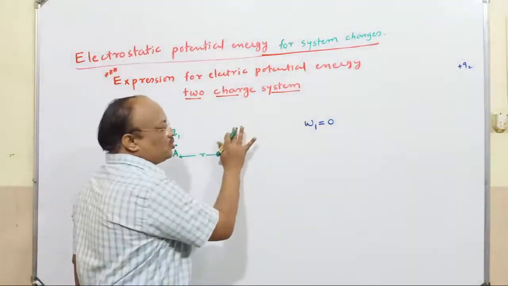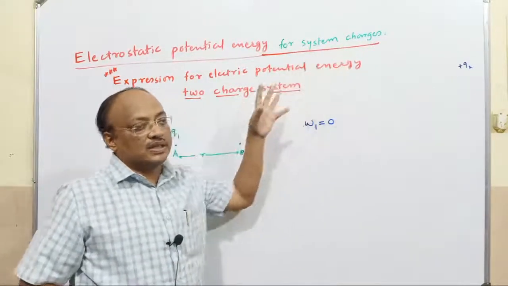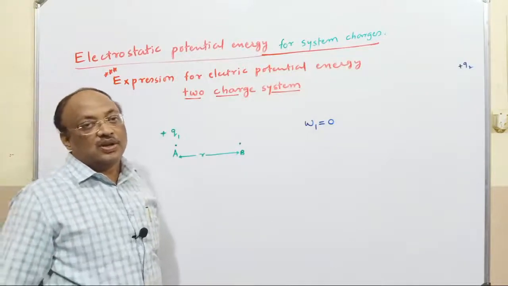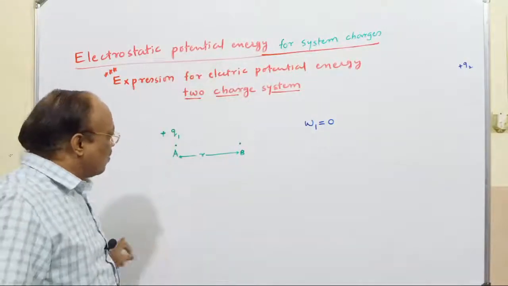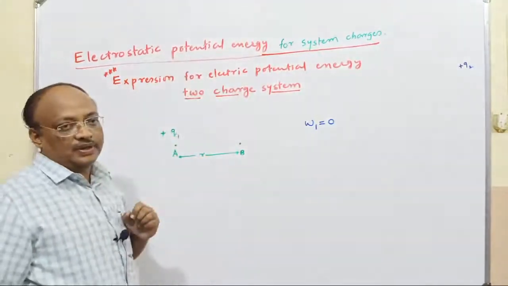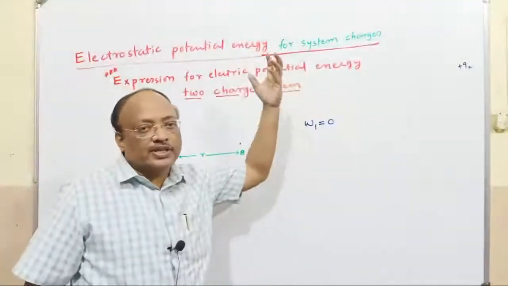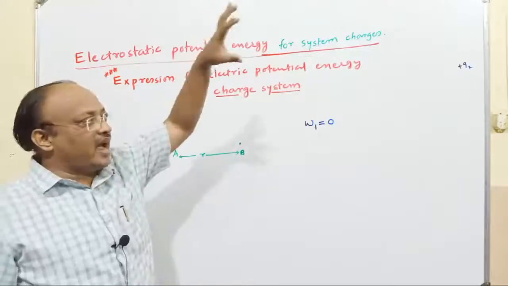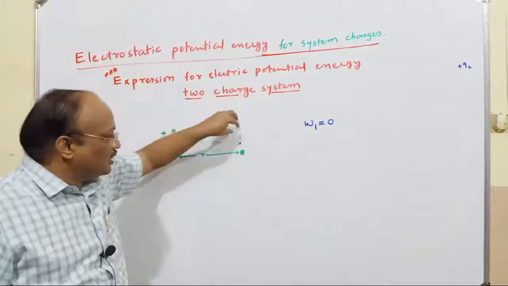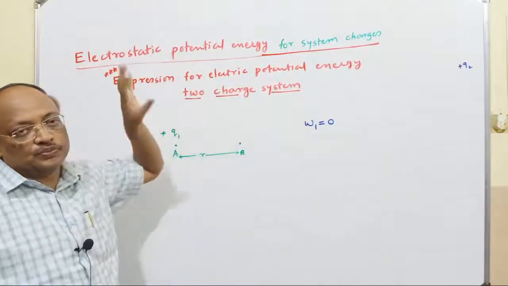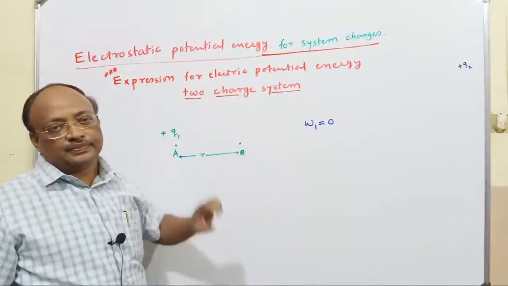So what is the work done? Already Q1 has set up an electric field around it. It is positive in nature. The charge Q2 is also positive in nature. So that charge I want to bring from infinity to this point.